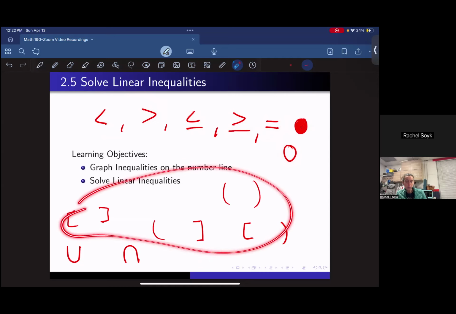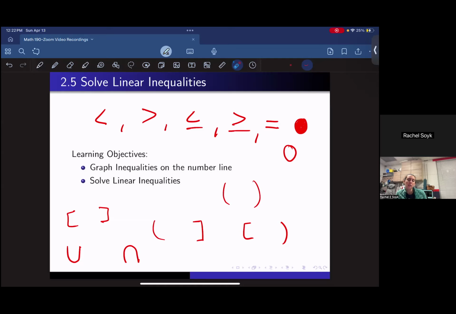Now down here, we have some brackets, and this does not signify as much grouping as it does your ranges between values when we're looking at domain and range of functions, or what our solutions are for number lines. Soft brackets, aka our parentheses, mean that the boundaries are not included, whereas the hard brackets mean that the boundary numbers are.